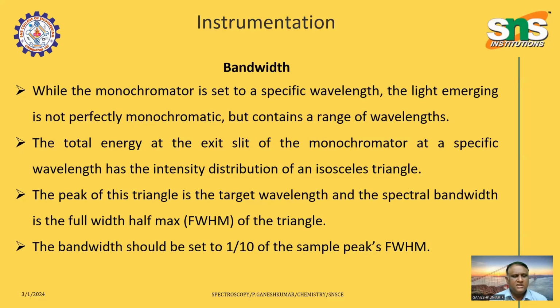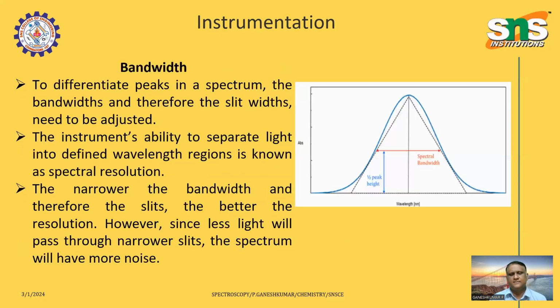The light emerging is not perfectly monochromatic, but contains a range of wavelengths. The total energy at the exit slit of the monochromator at a specific wavelength has an intensity distribution of an isosceles triangle like this.